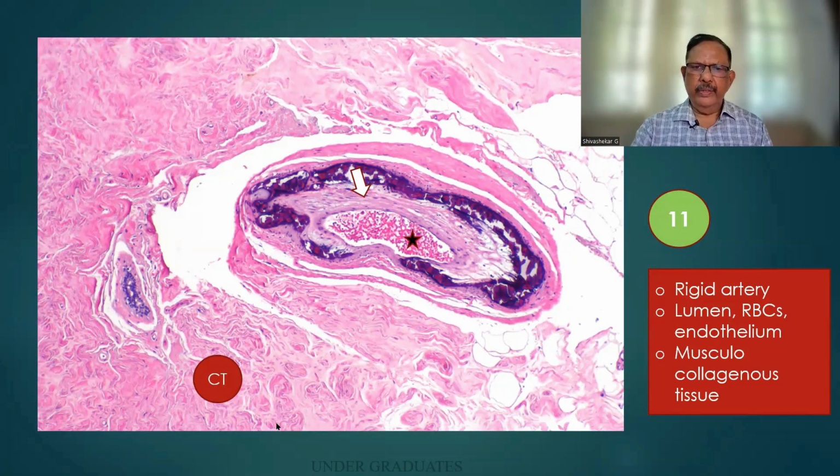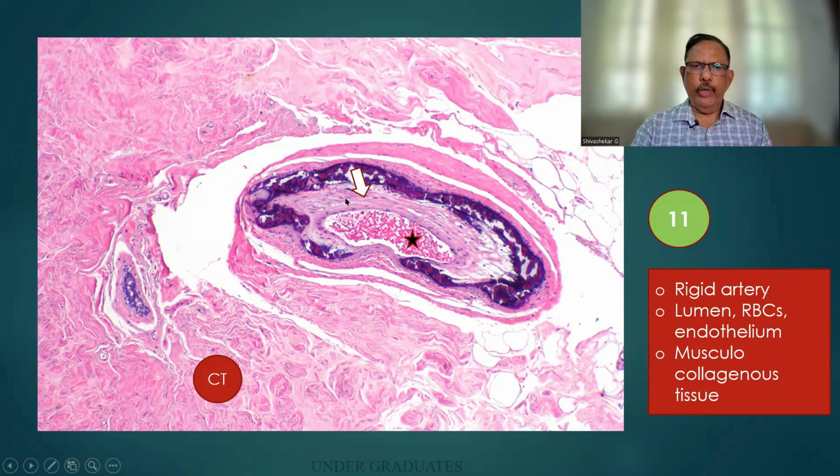What do you people see in this? I am finding a slightly convoluted blood vessel, and the star indicates the lumen with RBCs. There can be some blue cells which are flattened, the endothelium.